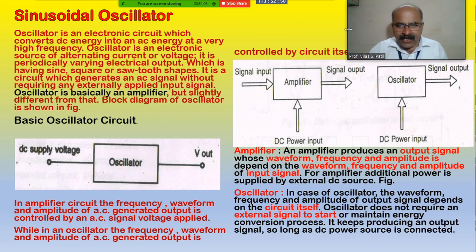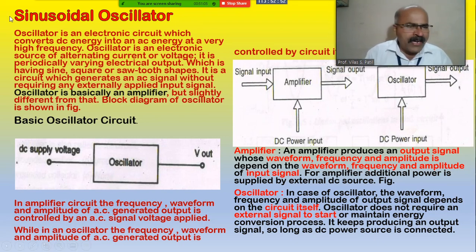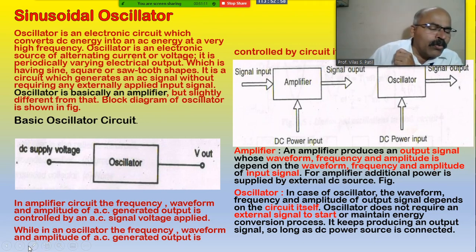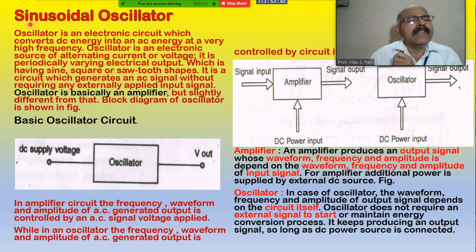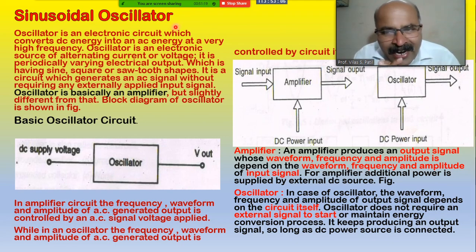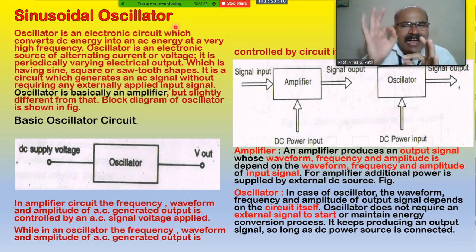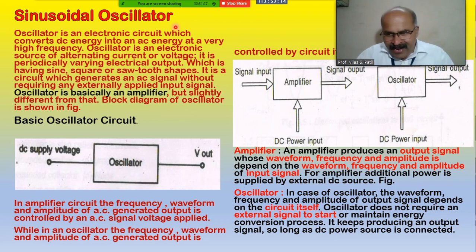Then there are two words. One is sinusoidal and second is oscillator. What is sinusoidal? Sinusoidal is the sine wave, the AC wave, which is a sustainable wave.